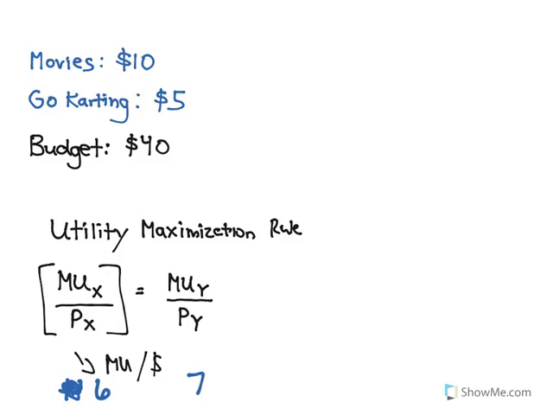And what you always tell them is, you want to spend more money on what's giving you more utility per dollar, right? If something's giving me more satisfaction, I should spend more money on it, right? So you would increase your purchases of Y, and similarly, you would decrease your purchases of X because it's giving you less marginal utility per dollar. And as you do that, that's going to bring those two fractions into balance and get you to that maximum utility.